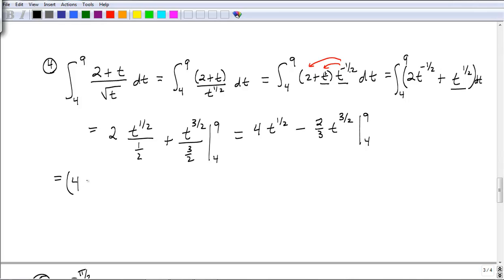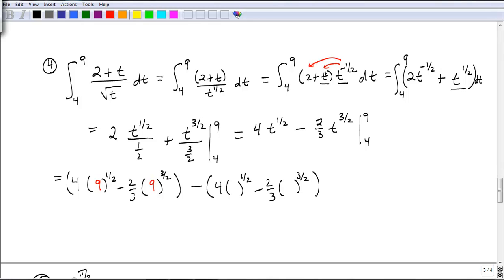So I plug in 4 for t, plug in 9 for t, minus, plug in 4 for t. So let me plug in my 9 for t first. Notice the top number gets plugged in first, minus, now I'm going to plug in the bottom number, which is the number 4.